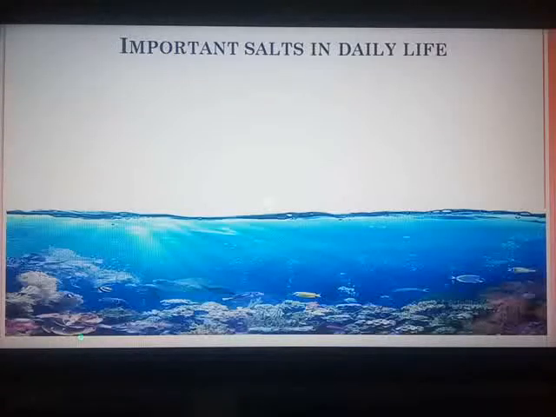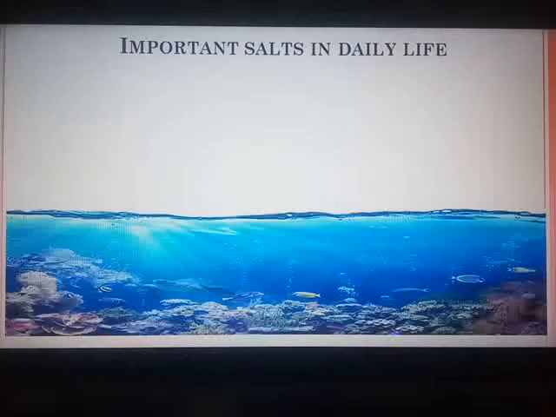Important salts in daily life. Now you know the food which you eat always becomes tasty or develops its taste due to one of the salts which is known by you, that is common salt. Also, apart from this, we use various different substances in our day-to-day life.